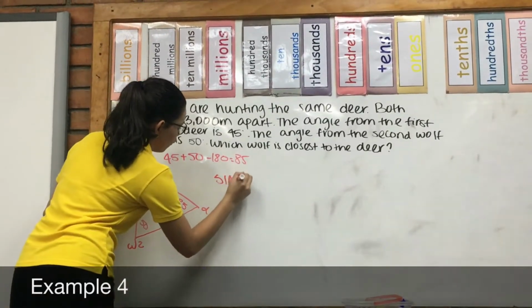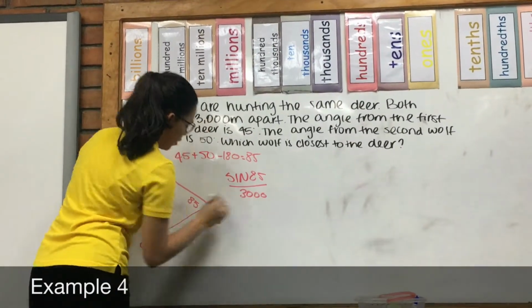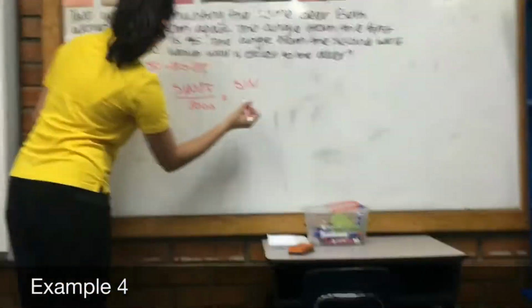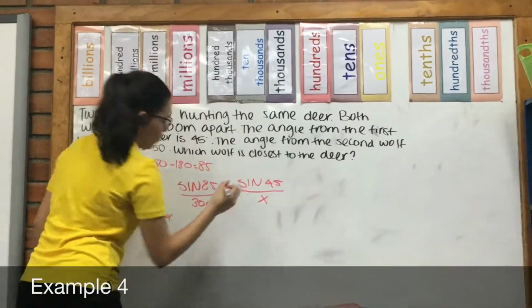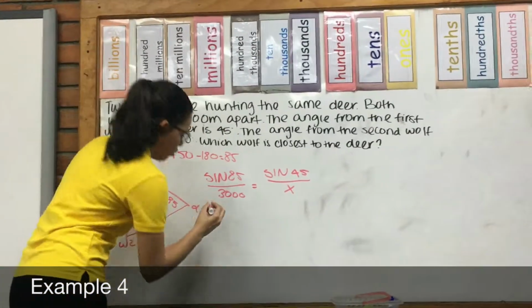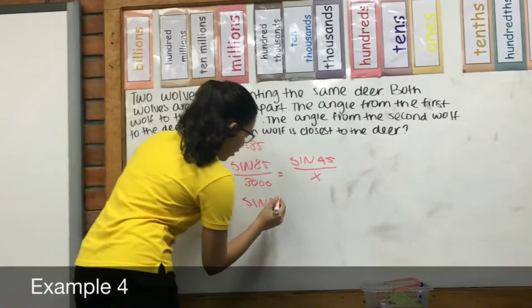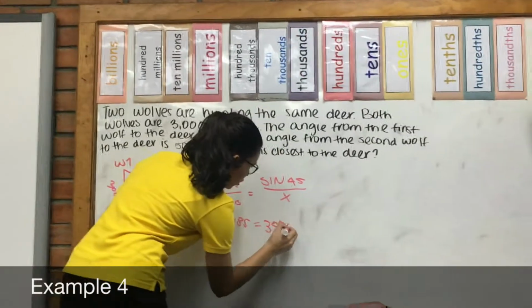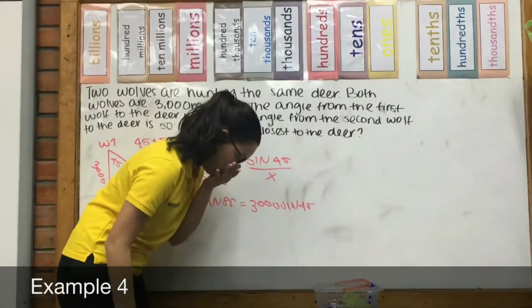The sine of 85 over 3,000, because they're the congruent sides, equals the sine of 45 over x. Now we use cross multiplication. x sine of 85 equals 3,000 sine of 45.